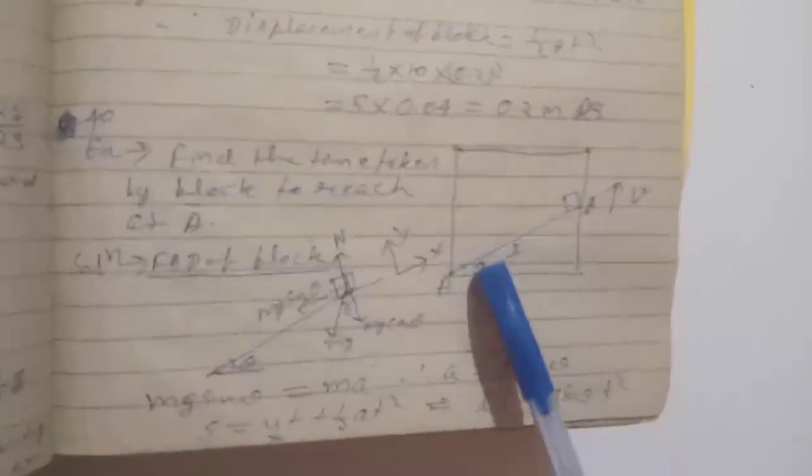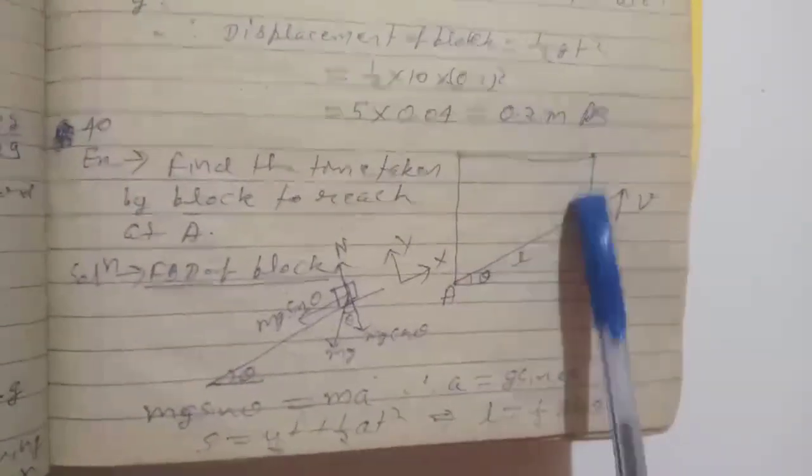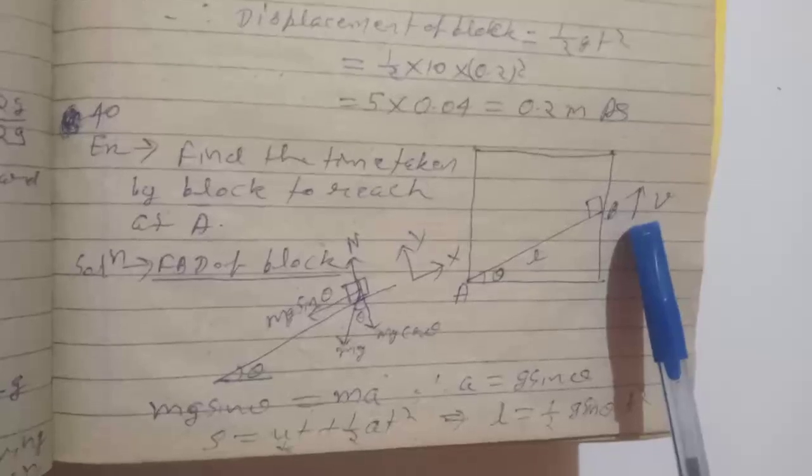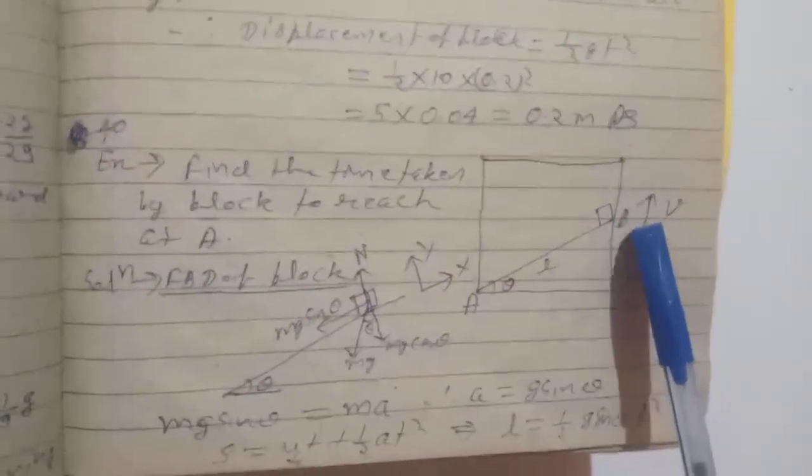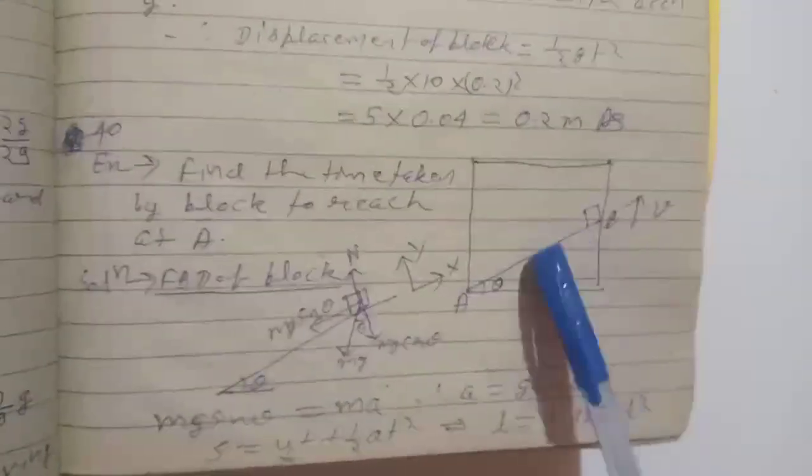Here it is clear that this whole system is moving with velocity v, a constant velocity. So this is not a case of a non-inertial frame, it is an inertial frame.